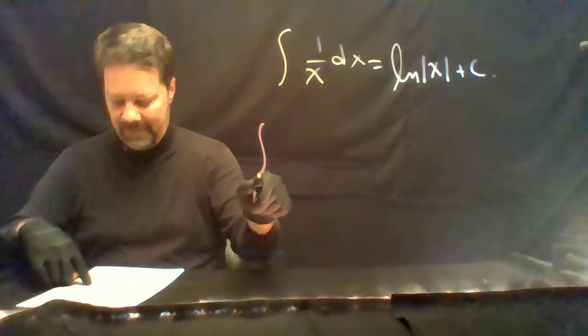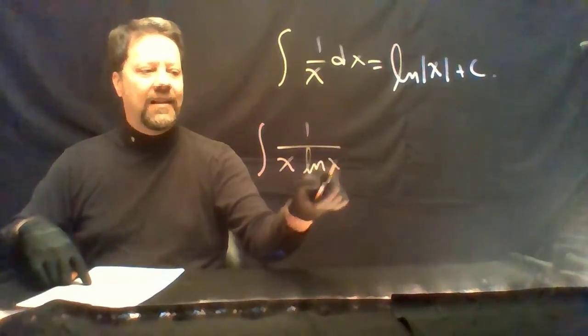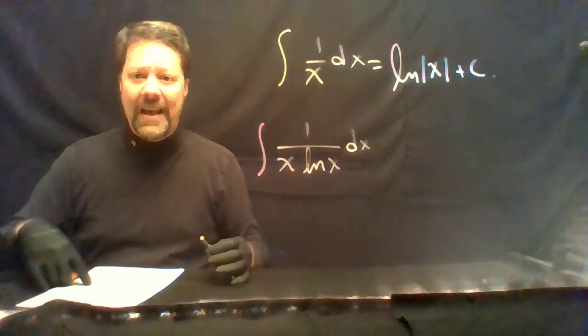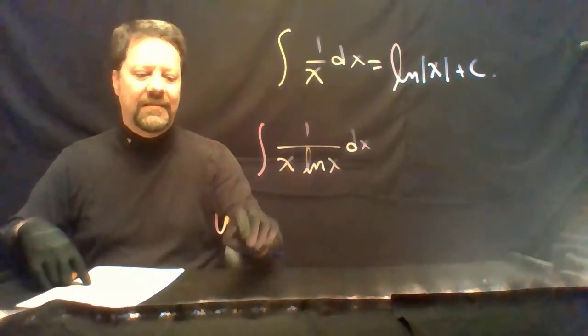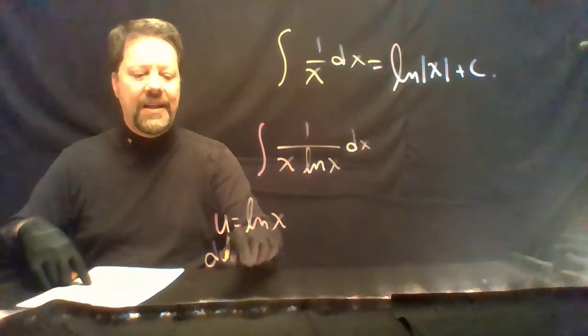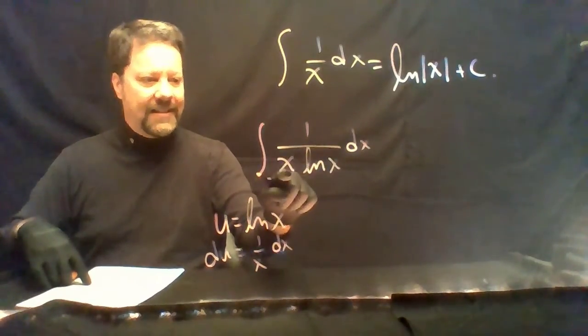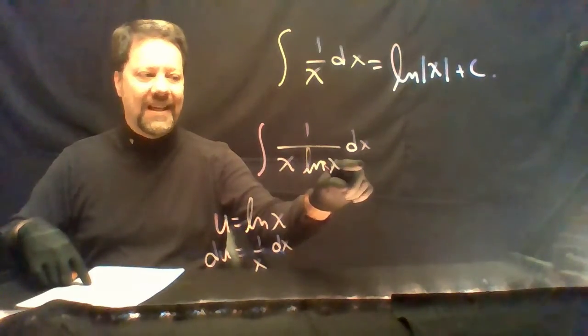On the next problem, part P, it's 1 over x ln of x dx. It looks like we have the derivative of something lying around. If u is the thing that has its derivative lying around, then du is 1 over x dx. I can take this x here and put it on this dx as a 1 over x dx.